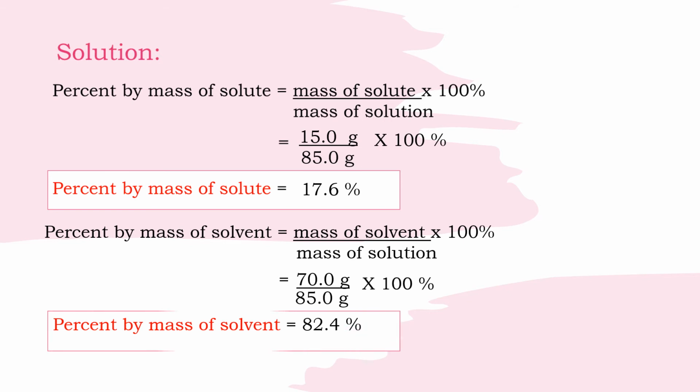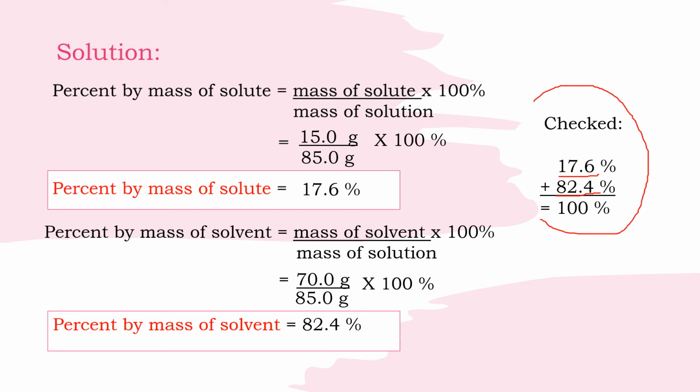So pwede nating i-check. To check, just add kung 100% pa yung ating solution. So we have 17.6 for the mass of solute and 82.4 for the mass of solvent. So the amount of the solution is equal to 100%.